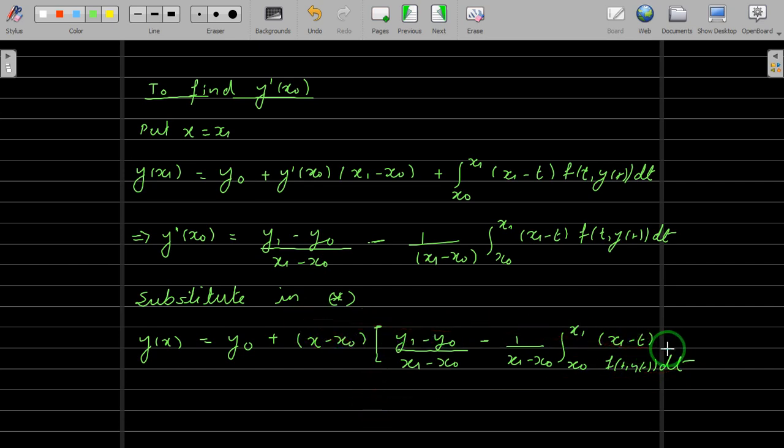That is your y dash. And then another term was your integral there, so plus integral x naught to x, x minus t f of t y of t dt. So this is what you have.